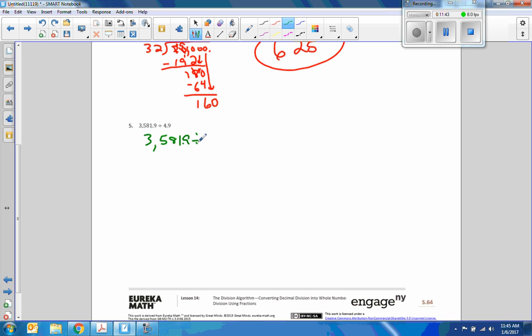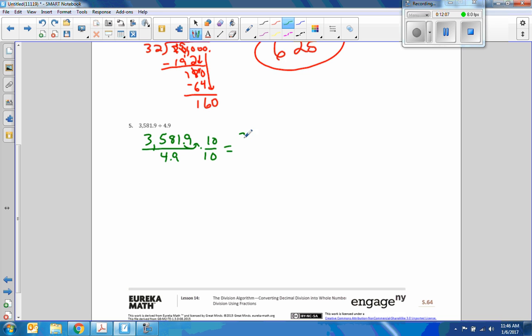3,581.9 divided by 4.9. First thing we do is write it as a fraction. Multiply by however many decimal places. We only have one decimal place that we need to move in the denominator, so it's times 10. This will give me the decimal over here.